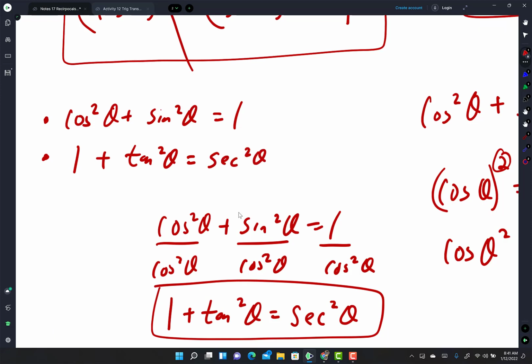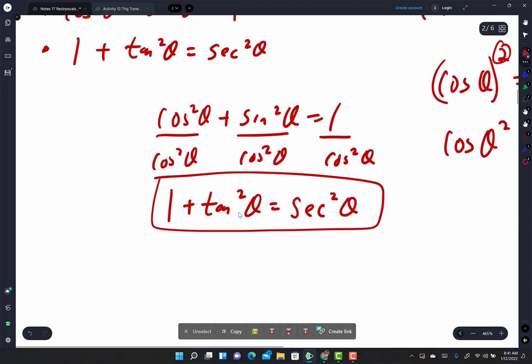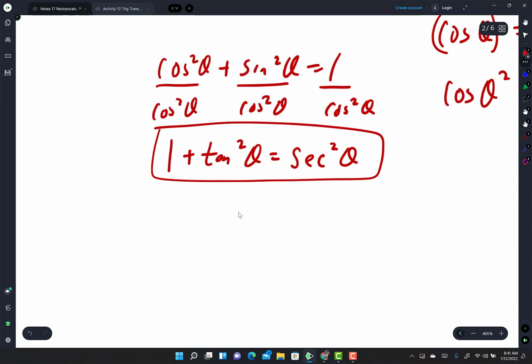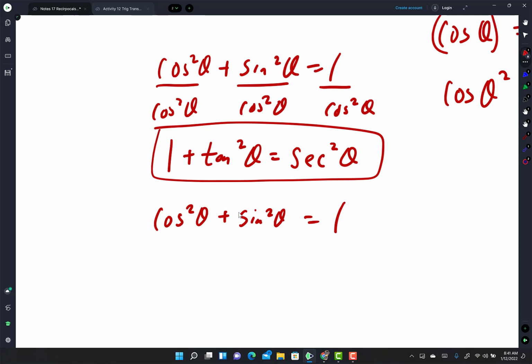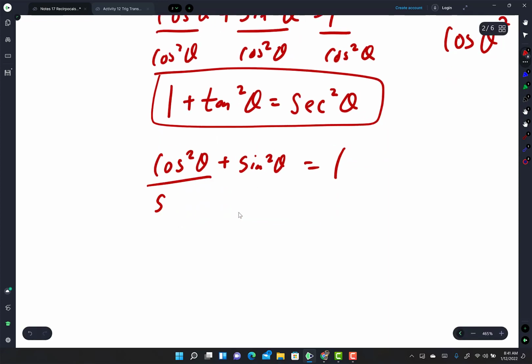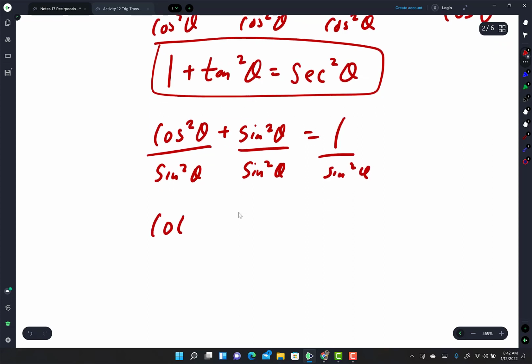Are we okay so far? Take a guess. I'm going to use the same formula, cosine squared plus sine squared equals 1. And instead of dividing everything by cosine squared, I'm going to divide everything by what? Take a guess. Yeah, by sine. Divide everything by sine squared. That's a square there. It just looks like a 2 theta there. So let's see. Cosine squared over sine squared, that is going to be cotangent squared. Remember that cosine over sine is cotangent.